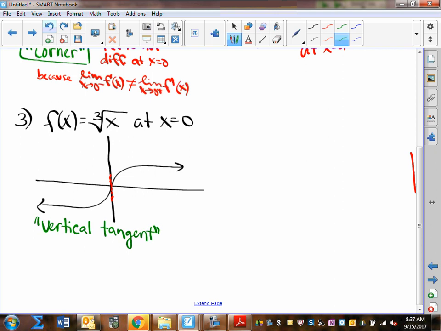And if we look at what the slope is approaching on either side, again, we can see that slope is approaching that vertical line, which is what gives us that issue. So this would be another example where my function is not differentiable at this point, whenever we have that vertical tangent. F of x is not differentiable at x equal to 0.